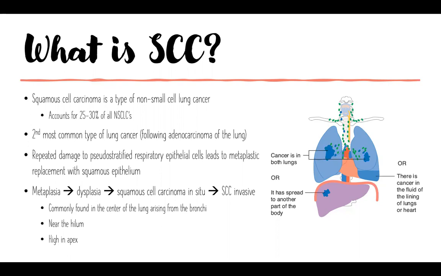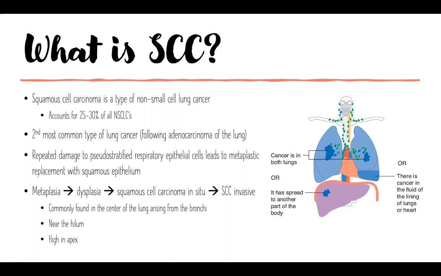It's the second most common type of lung cancer right after adenocarcinoma, and it typically arises because of repeated damage to your pseudostratified respiratory epithelial cells, which leads to metaplasia, and the cells then change to squamous cells. With metaplasia, the cells that were once standing up in a rectangular fashion, right next to each other with the cilia on top of them to move the mucus out, are now turning into flat cells, kind of like an egg yolk.